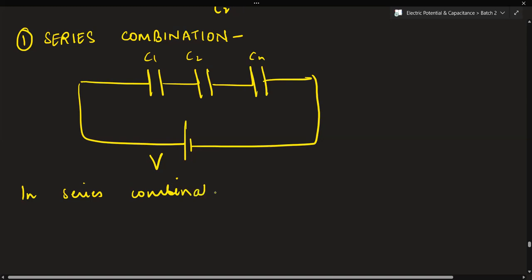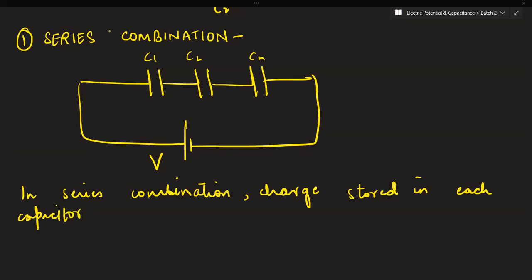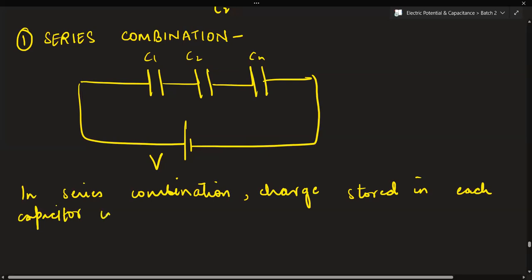So in series combination, the charge stored in each capacitor remains the same, while potential divides.